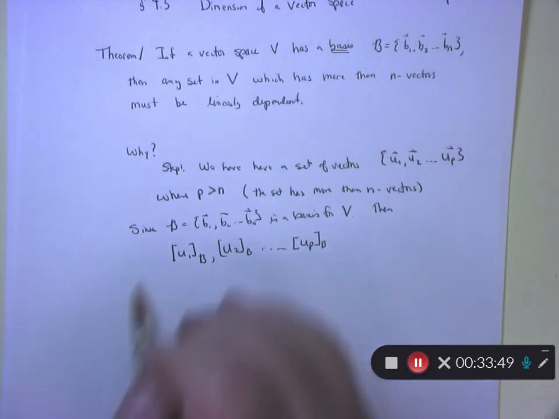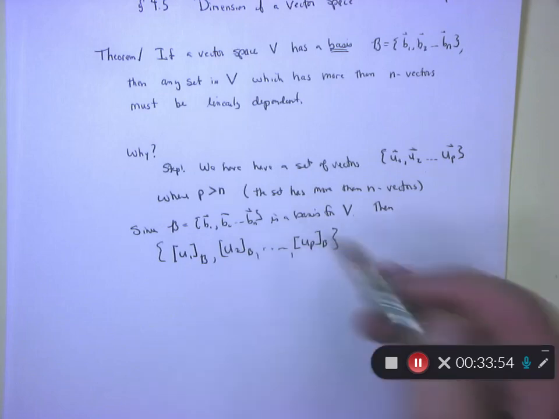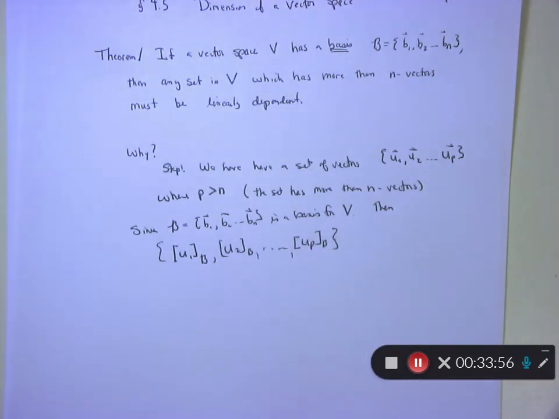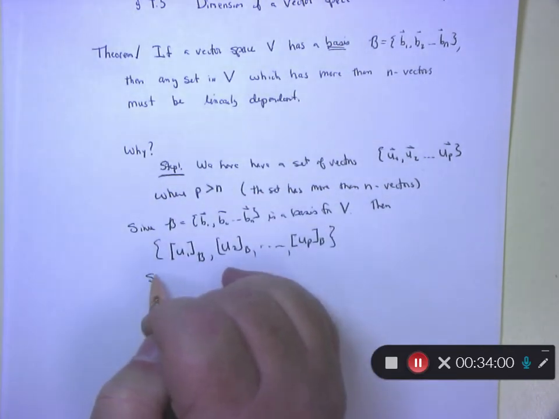Okay, and so we can look at this set of coordinate vectors. This is step 1. Here comes step 2.